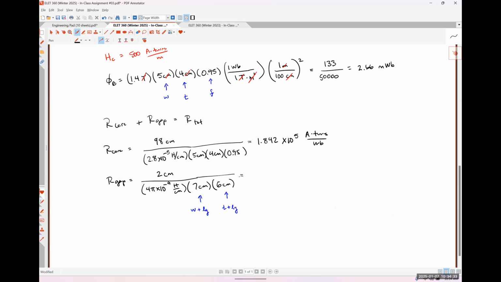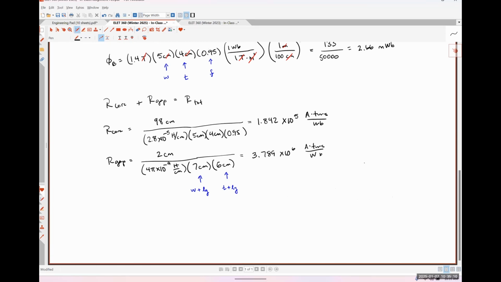Syntax error. 2 over 4 pi times 10 to the minus 9 times 7 times 6. 3.789 times 10 to the 6th amp turns per Weber. That looks too much like an M for me.